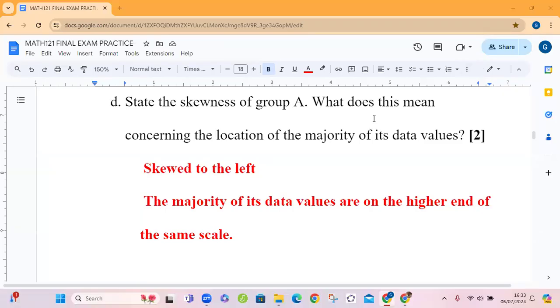Part D is asking to state the skewness of group A, and what this means concerning the location of the majority of its values. Group A is skewed towards the left. This means the majority of the values are on the higher end of the scale.